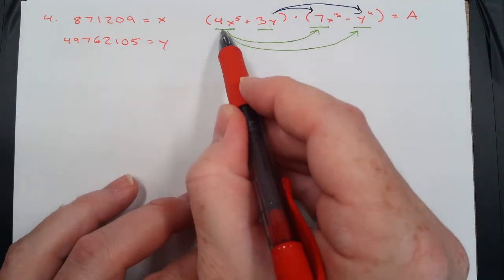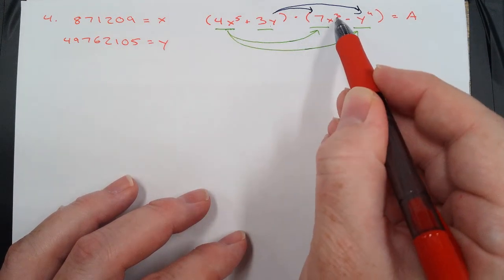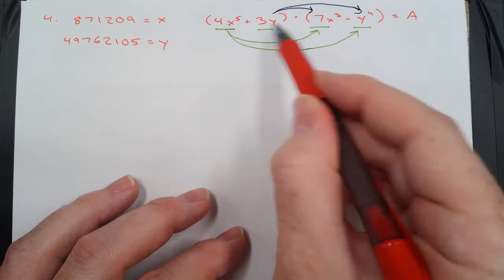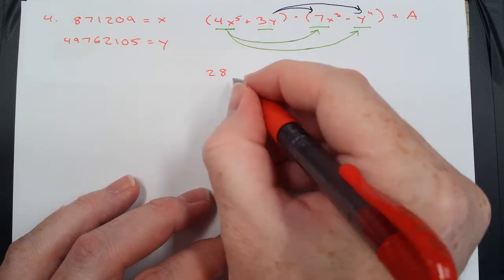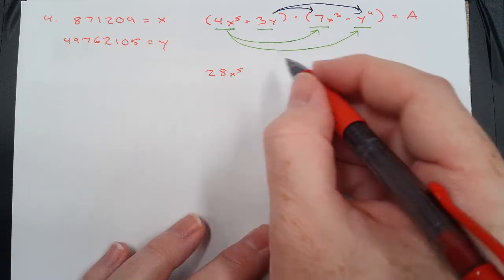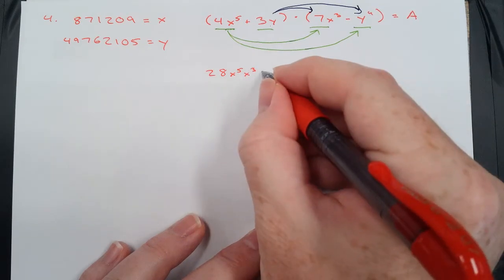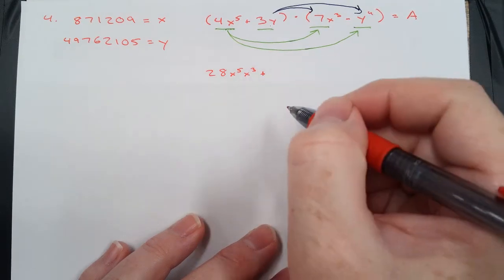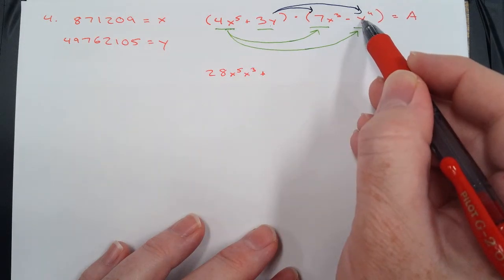The first one, 4x to the 5th, follow this arrow, times 7x to the 3rd. So 4 times 7 is 28. And then we have x to the 5th times x to the 3rd. Plus 4 times the y.